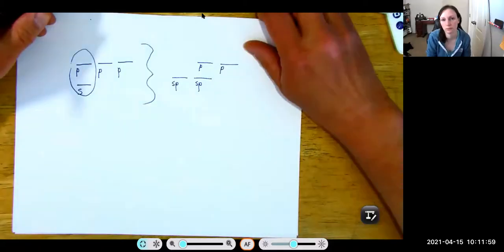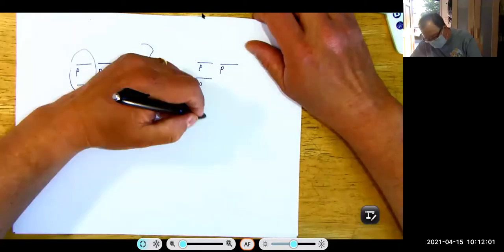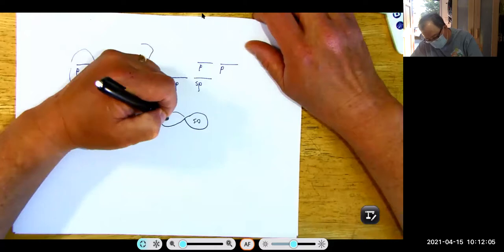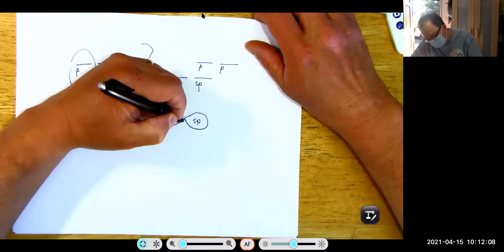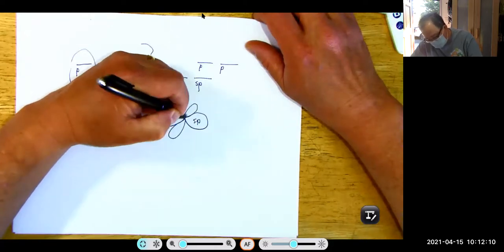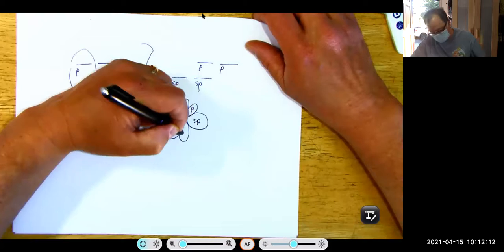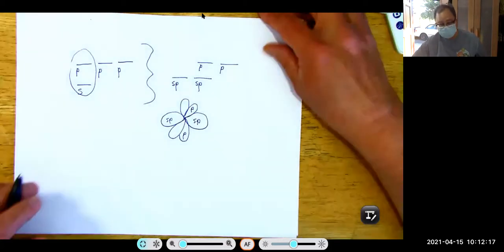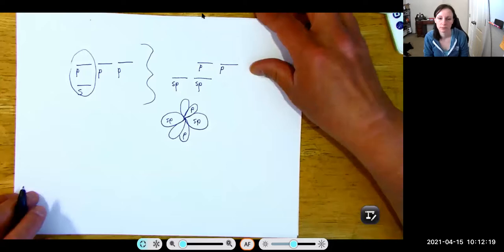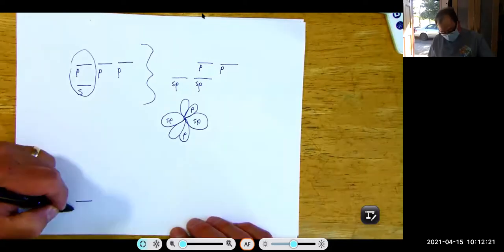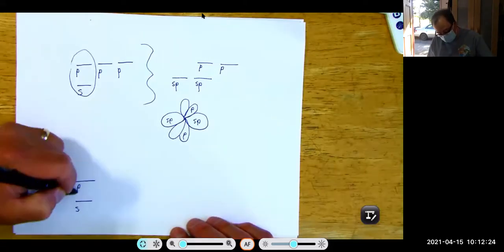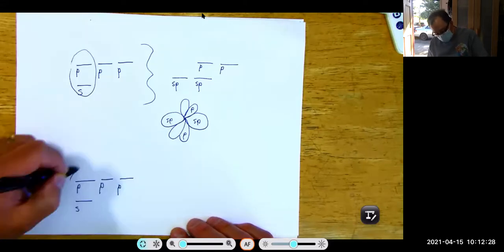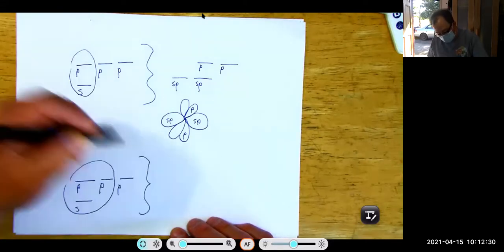Okay. So when we draw this, here's an sp. Here's an sp. Here's one of the p's. And here's the other p. So that's what's going on. And when you take an s and three p's and you hybridize these three, you're going to get this.